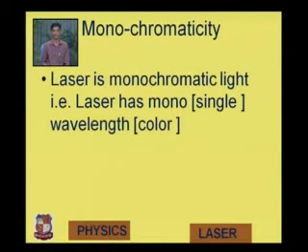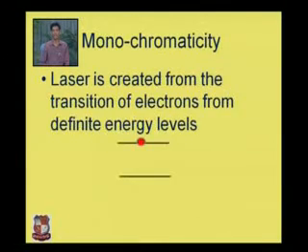This characteristic comes because the laser is created from the transition of the electron between definite energy levels. Whenever your electron makes the transition from one particular energy level to the next, the laser emission is emitted.